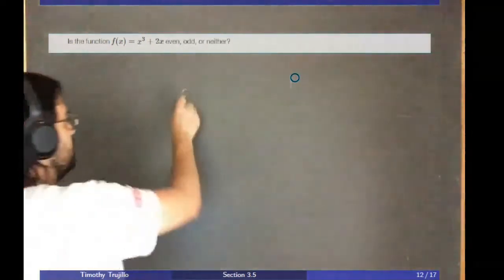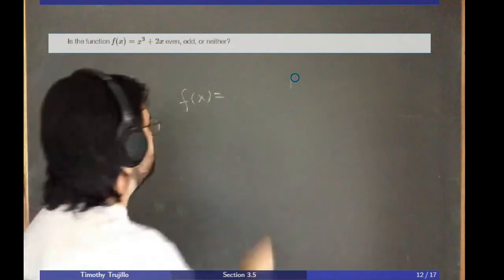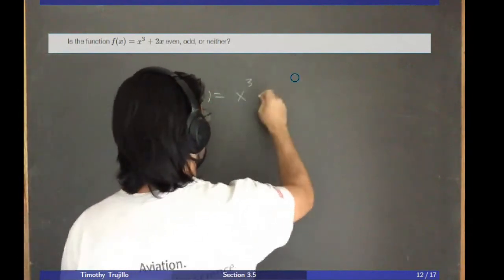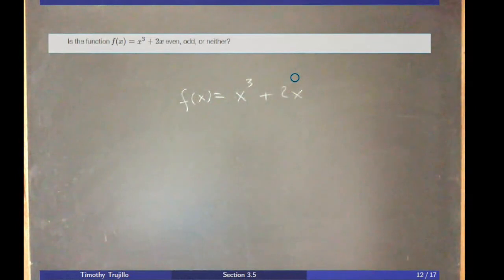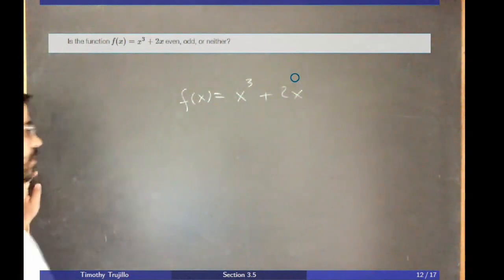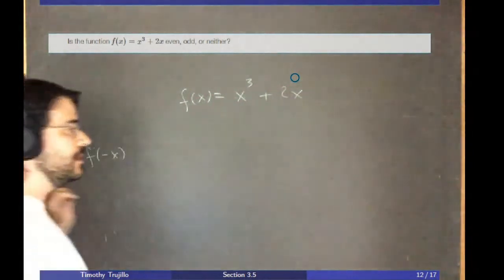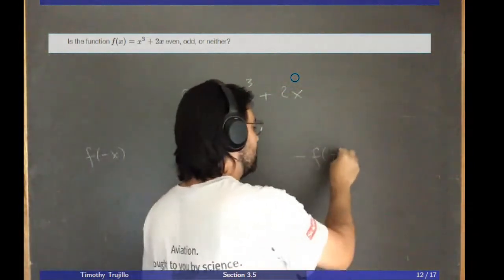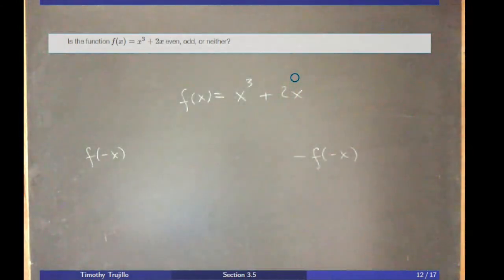Okay, so we've got our function, and it's equal to x cubed plus 2x. And in this setup, what we want to do is compute f of negative x, and compute the negative of f of negative x, and compare them to see if they're the same thing as f of x.